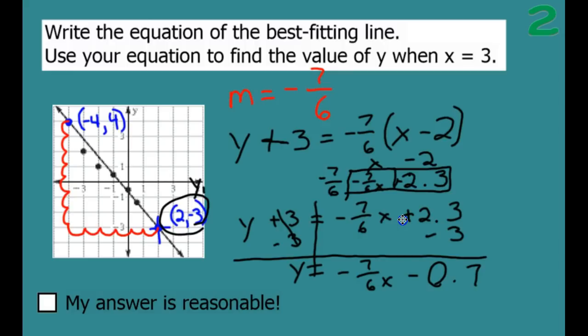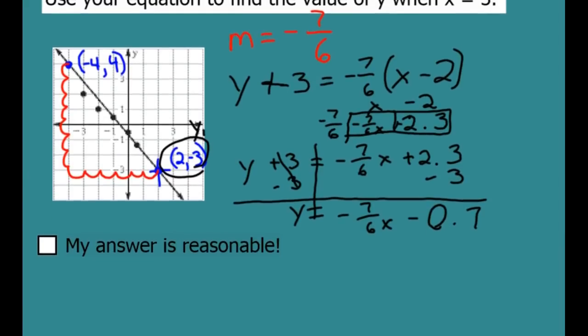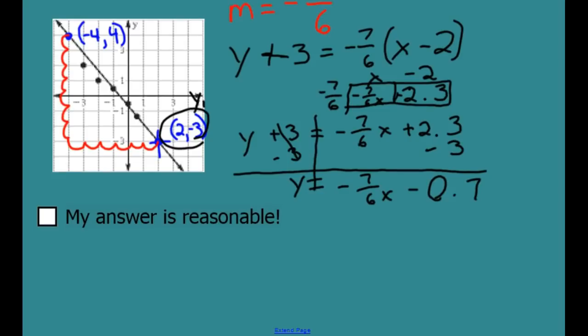So what we need to do now is use our equation to find the value of y when x equals 3. So we're going to put 3 in for x. We'll get y equals negative 7/6 times 3 minus 0.7.